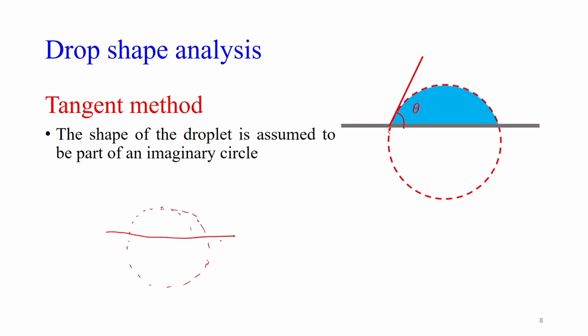This is, let us say, your contact angle. Once you fit a circle, you know the center point, and from the center point you can find the value of r, the radius of that circle, and of course, this is your contact angle theta.